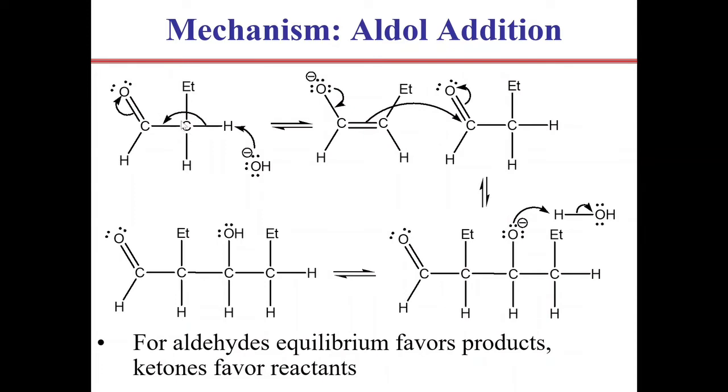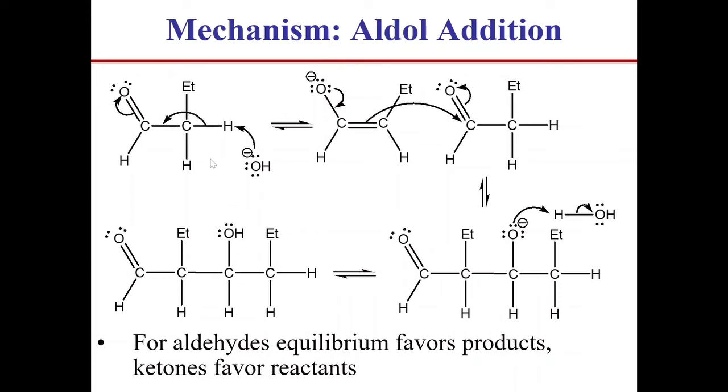So the first step is the formation of the enolate, and then the enolate unloads into the electrophile. Final step is we have to regenerate our hydroxide base, and so this hydroxide picked up a hydrogen to become water in the first step, and this alkoxide right here is going to rip the hydrogen off of the water to get to our final product. Here is the aldehyde and the alcohol.